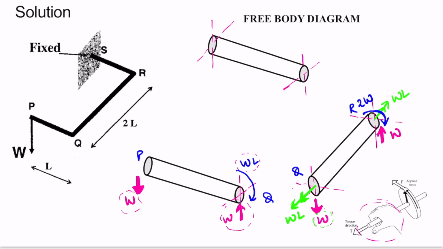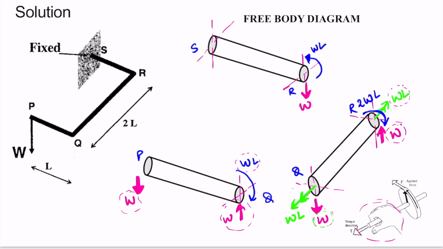Let's look at member SR now, starting with the point load. We have a point load W here in upward direction, so at point R it will be downward direction W. There is a twisting moment WL here. This twisting moment will become a bending moment for member SR. This twisting moment is twisting member QR in a clockwise direction. Therefore, it will become a bending moment for member SR in anti-clockwise direction, with magnitude WL.